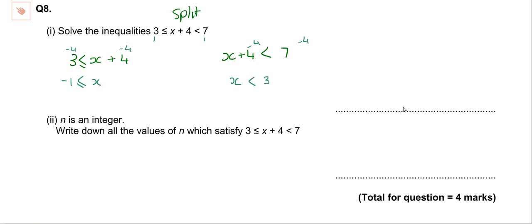And then because it's x and x, I put x less than 3, greater than or equal to -1. Okay? I did that.